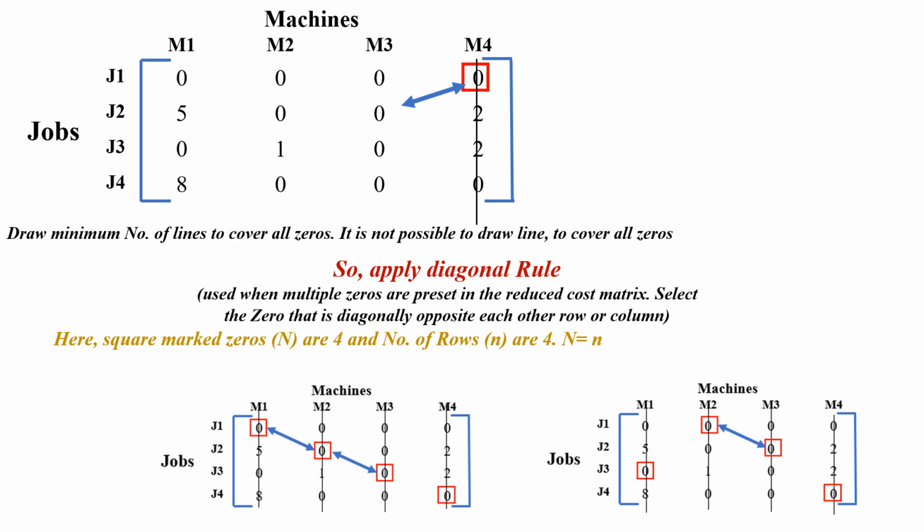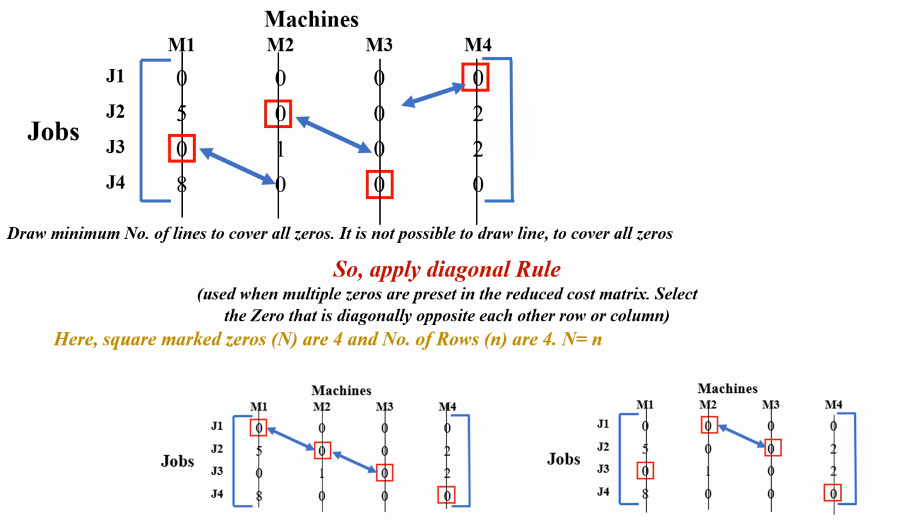Next we can select this 0, which has a 0 in the diagonal position, and draw a vertical line. Next we can select this 0, which has a 0 in the diagonal position, and draw a vertical line. And in the fourth row there is only one 0, so I have to select this 0 and draw a vertical line.